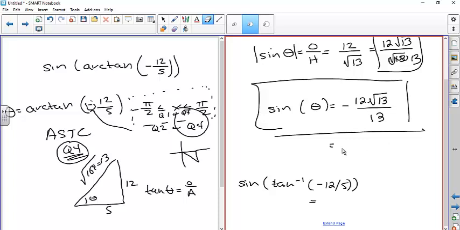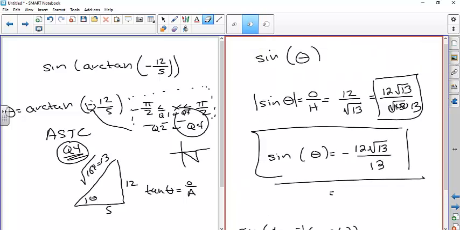Oh, I figured out what it was. Sorry. This is not the square root of 13. This is actually 13. So it's 12 over 13. I saw this 13 and automatically put square root. So the actual answer is 12 over 13.